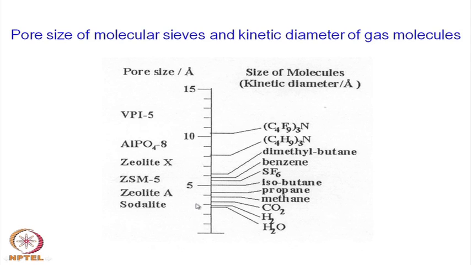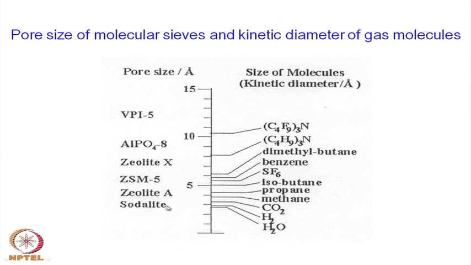So, for example, sodalite: the crystallographic tunnel size is somewhere here in between hydrogen and carbon dioxide, very closely just below carbon dioxide and just above H2O.